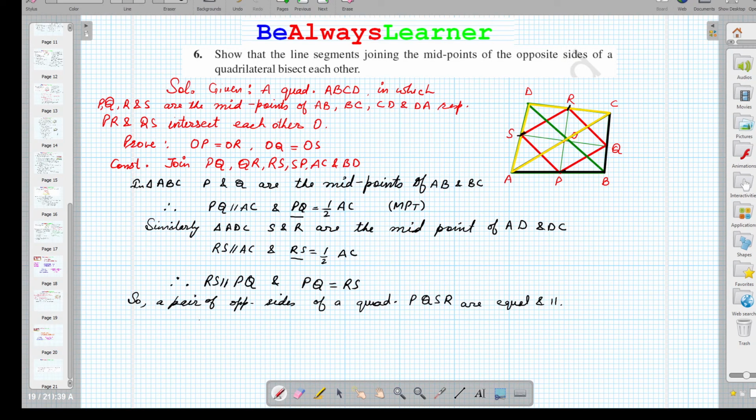It is a parallelogram. So the quadrilateral PQSR is a parallelogram. So we proved that up till now.